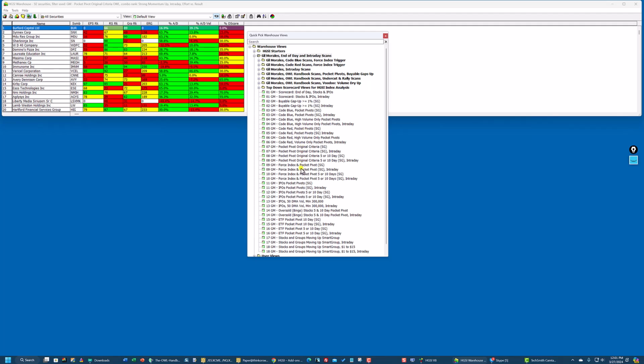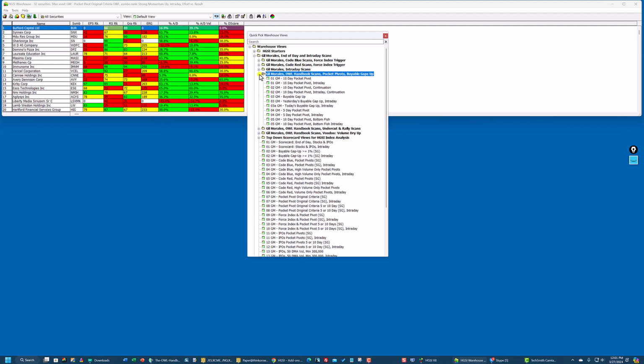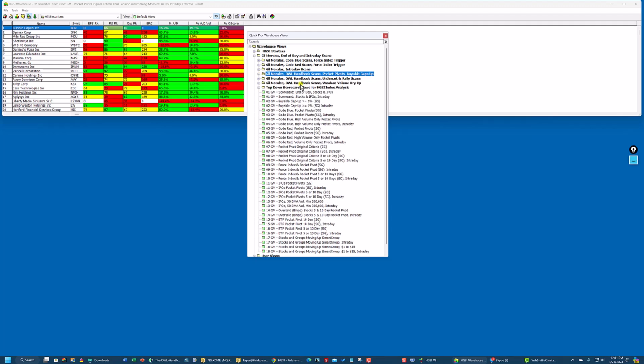I tweaked a couple of these filters just to make them work a little bit better, but what I'm going to concentrate on are the OWL handbook scans, and also I may take a quick look at these intraday scans to show you how useful they are. But these are the scans that are in the handbook.